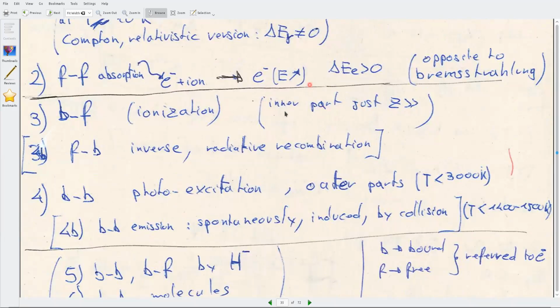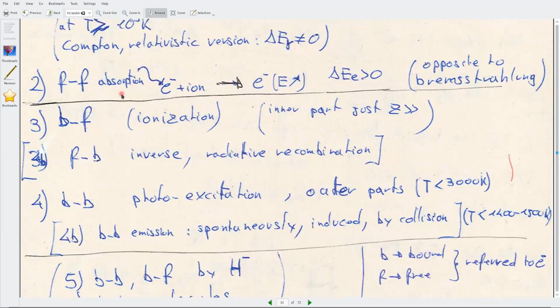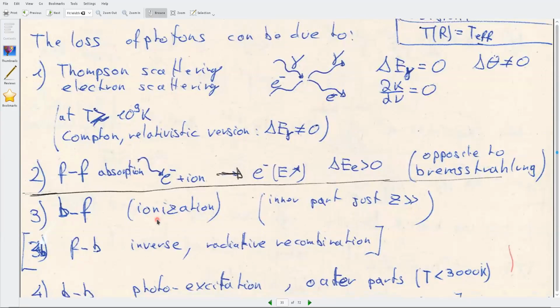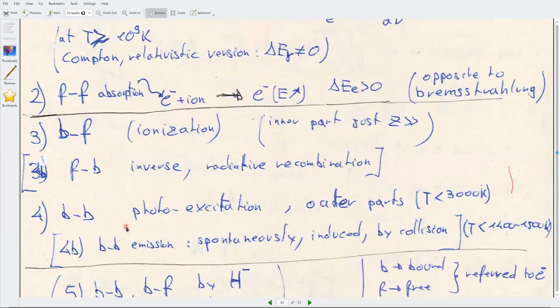Usually it's in the inner part just for really heavy elements. Usually the gas is completely ionized. These two are working more in the core of the stars, and here working outside in the envelope of the stars.